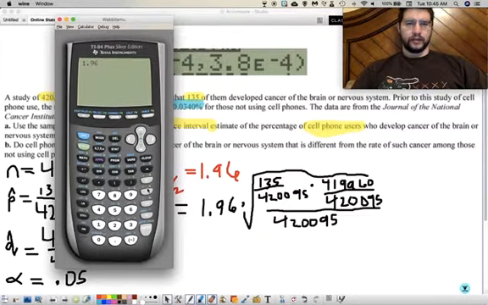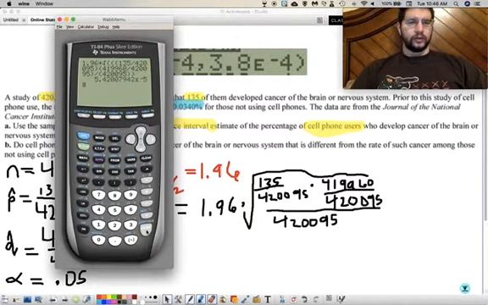1.96 times square root 135 over 42095 times 41990 over 42095 divided by 42095.